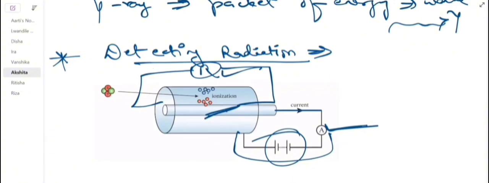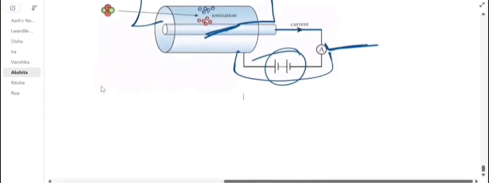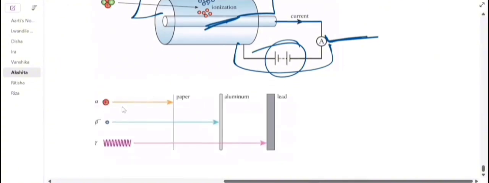Okay, now let's calculate how the alpha, beta, gamma ray actually show their penetrating power. Okay, so alpha ray is a very short range, it gets absorbed very easily in paper also, it travels a very small distance. Beta decay is absorbed in metal sheets like aluminium, but it can travel a little longer distance.